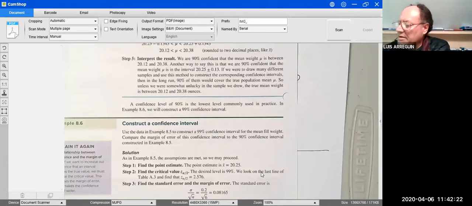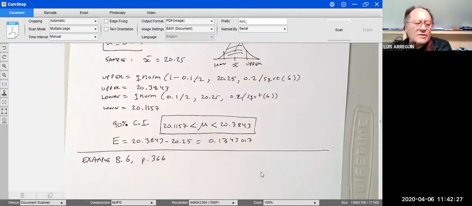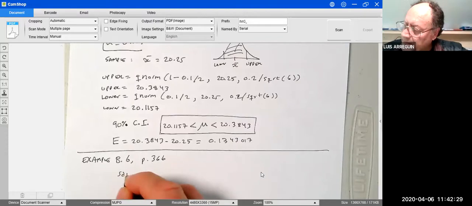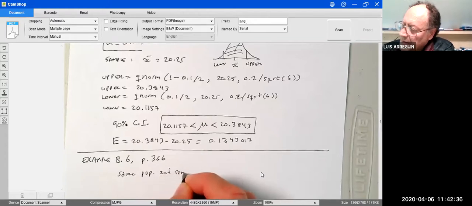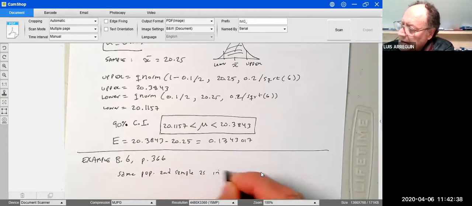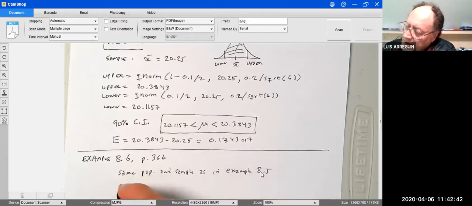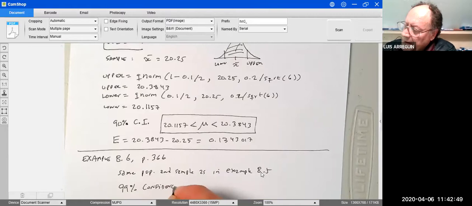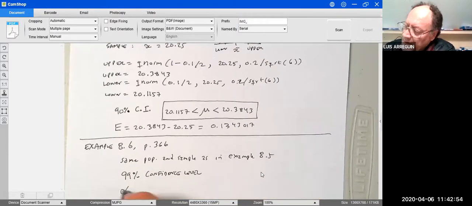Essentially it's the same problem as before: same population and sample as in example 8.5, but now we're going to use a 99% confidence level. The only thing that we're going to change is alpha.